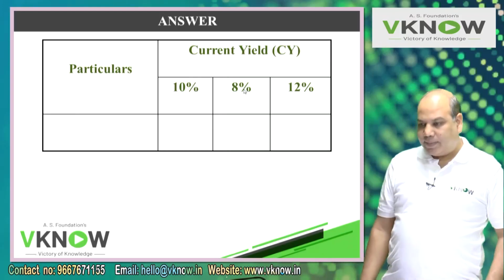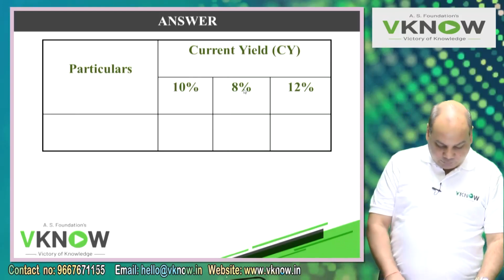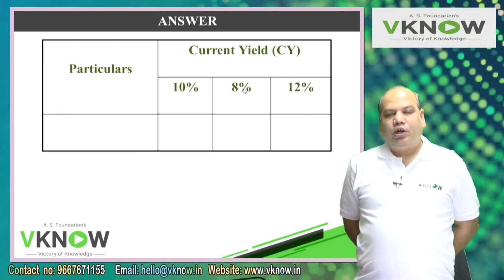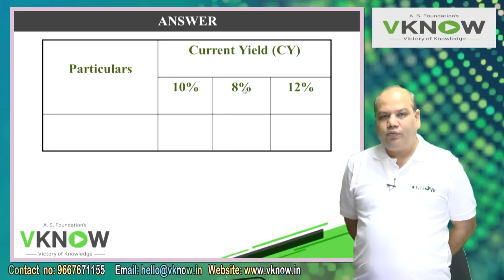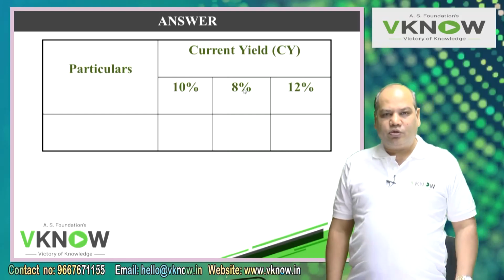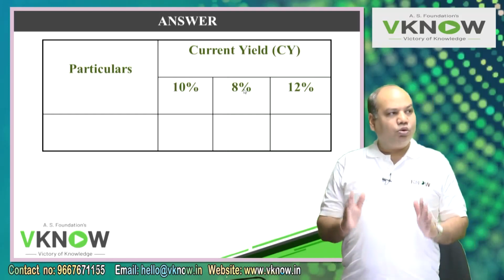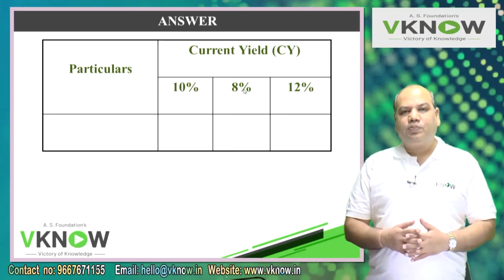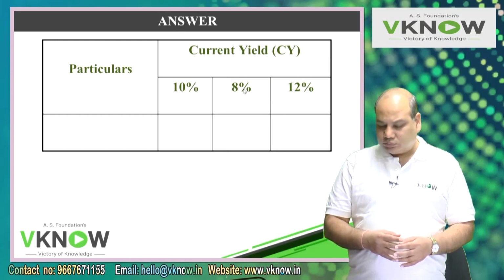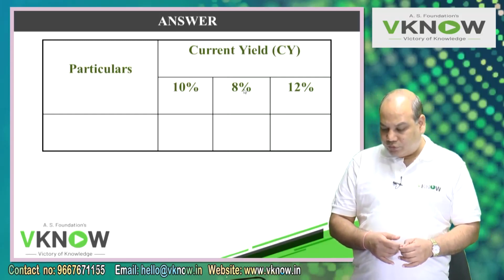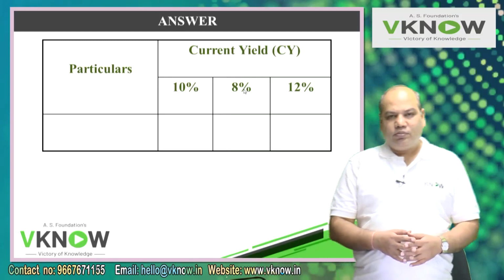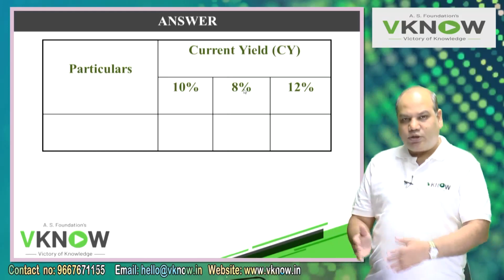Heading: calculation of present value of perpetual bond. Perpetual bonds do not have a maturity date, as you know. Only coupons will be paid, so we have to find the present value of the coupons only. Write particulars: current yield, with 3 columns: 10%, 8%, 12%.